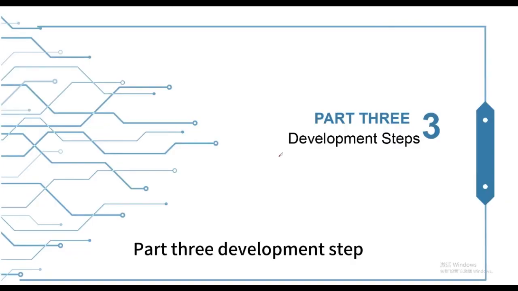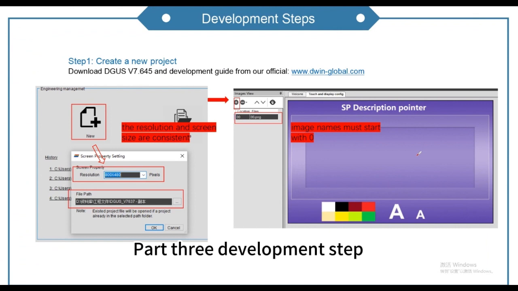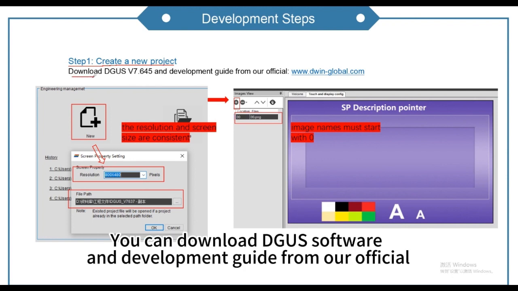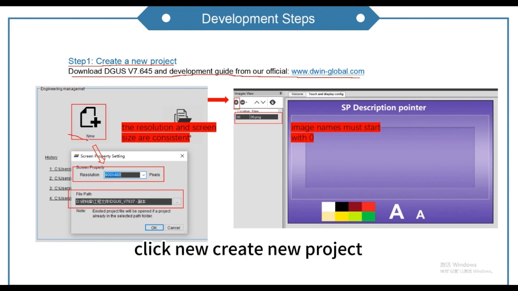Part 3, development steps. Step 1, create a new project. You can download DWIN software and the development guide from our official site. Click New, create new project.